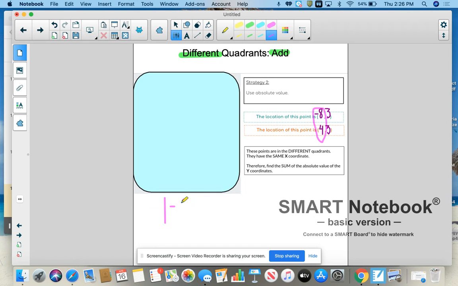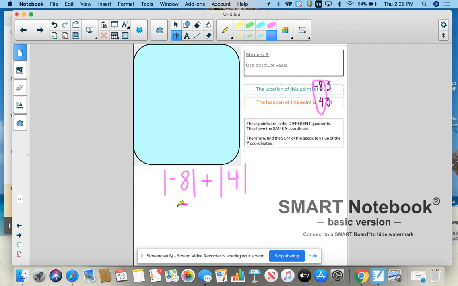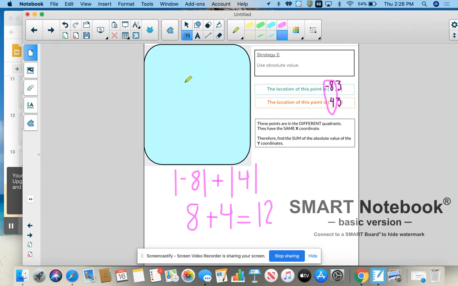The absolute value of negative 8, the absolute value of positive 4. Since they're in different quadrants, I'm adding. The absolute value of negative 8 is 8. The absolute value of positive 4 is 4. 8 plus 4 is 12. So the distance is 12.